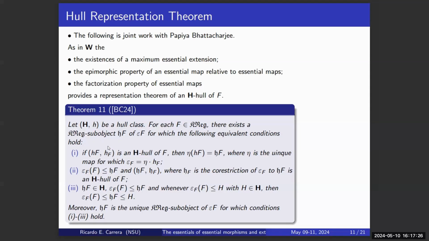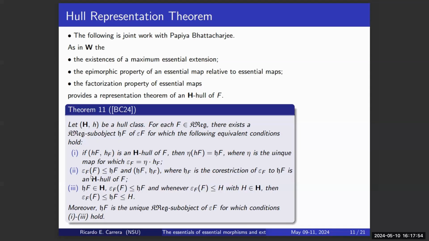Whenever you take any other H Hall of F, then remember that this gets mapped into the absolute. The mapping that maps it into the absolute is going to take it to that unique object, okay? And then, of course, it's going to satisfy this composition requirement, okay? So that's one way to characterize the H Hall.